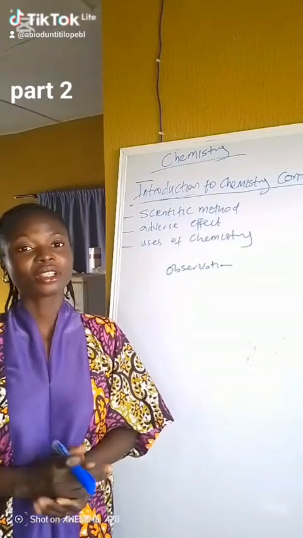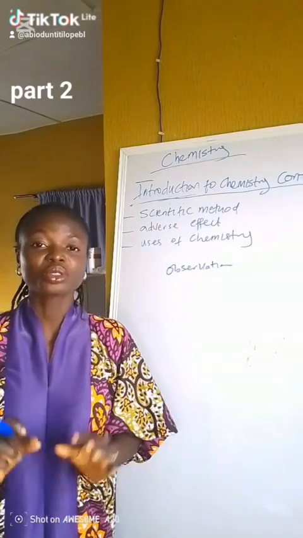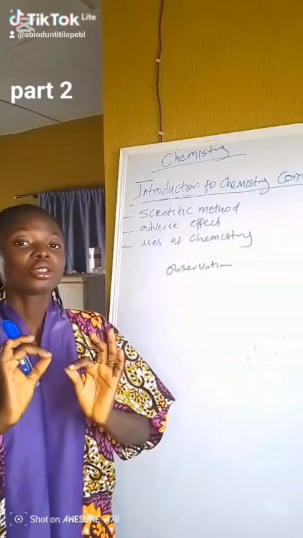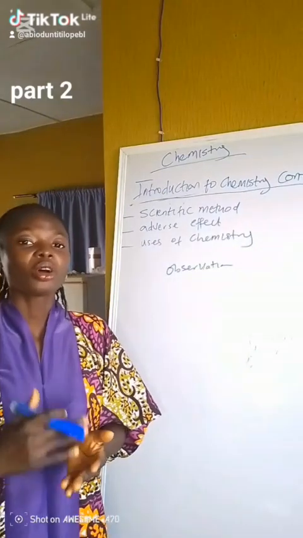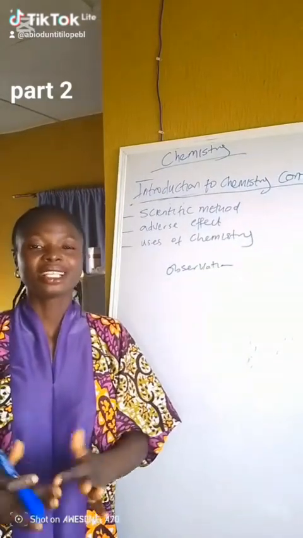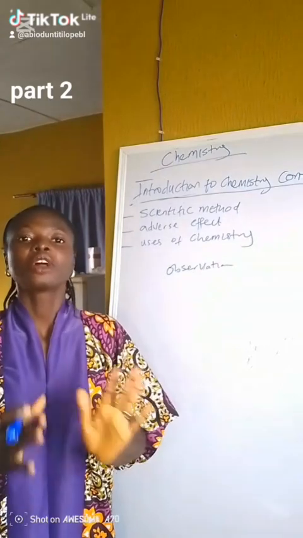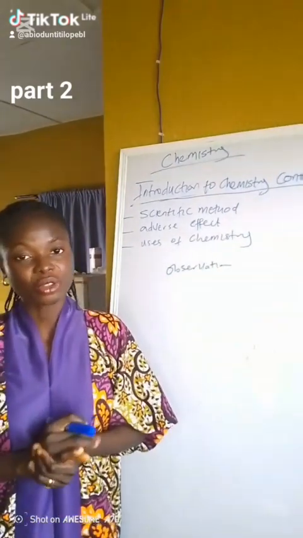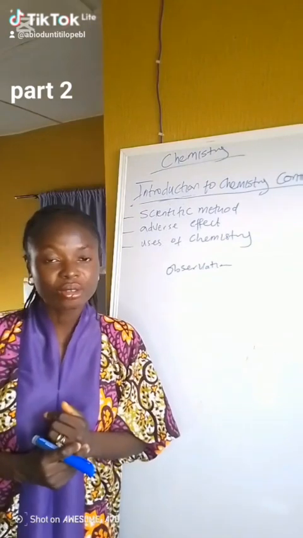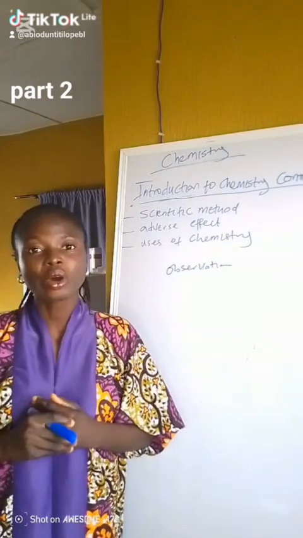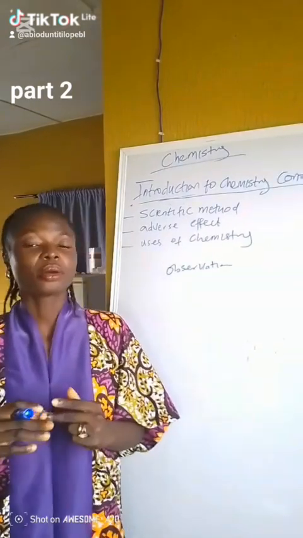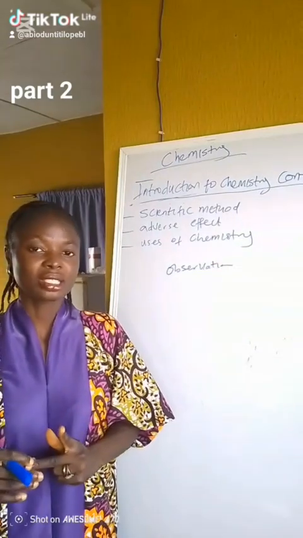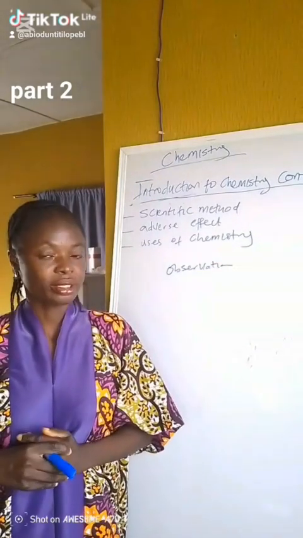So whenever you hear all these laws around you today, just know that they don't just come up with any law, but before the law is stated, they started from observation. So that is it about the scientific method: from observation to explanation or hypothesis, from hypothesis to experiment.